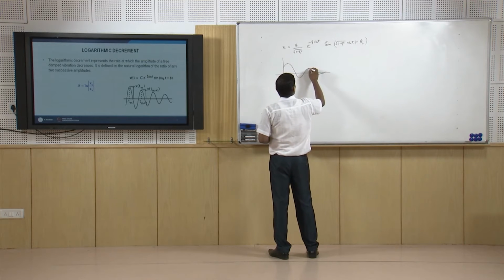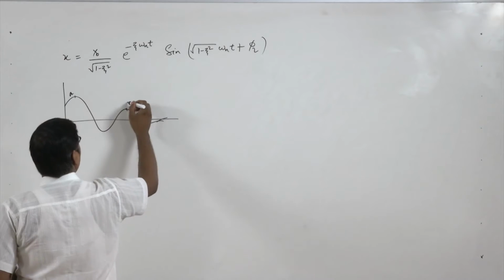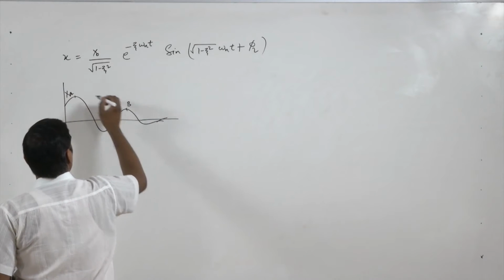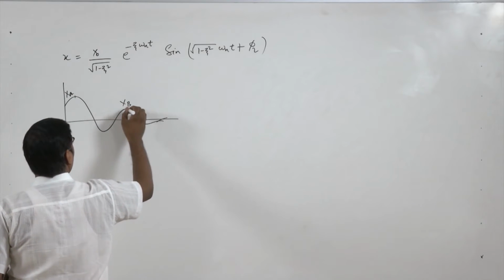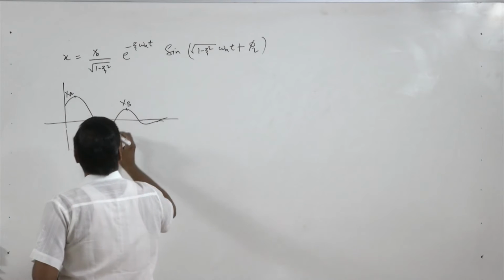Let's say this is A and this is B, with amplitudes xA and xB.